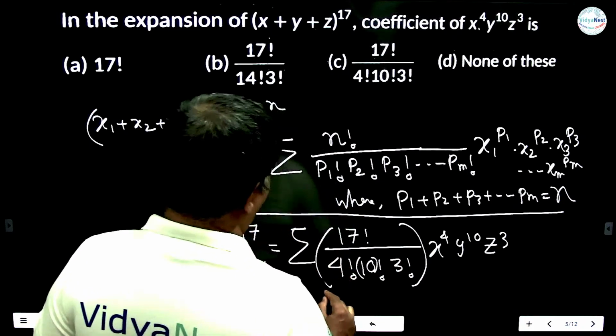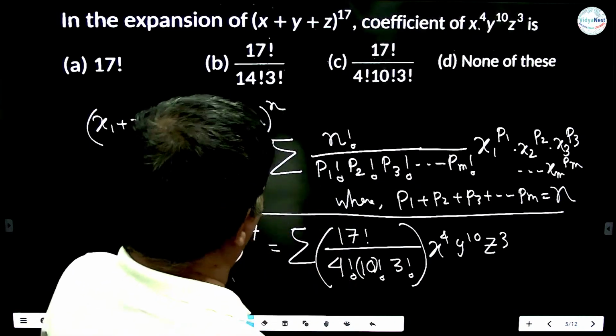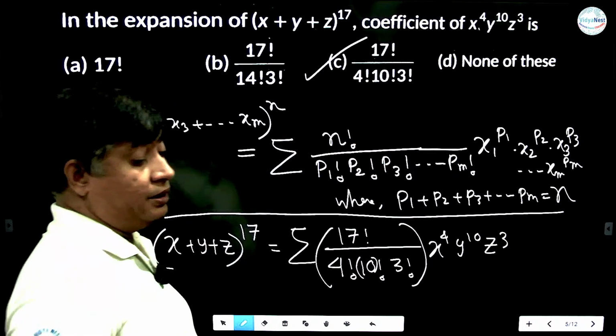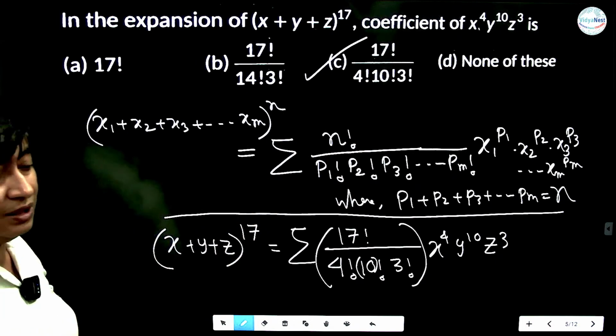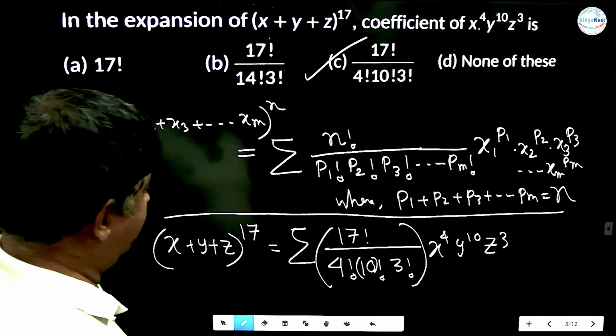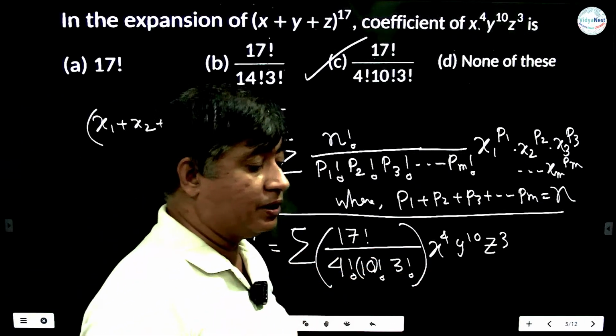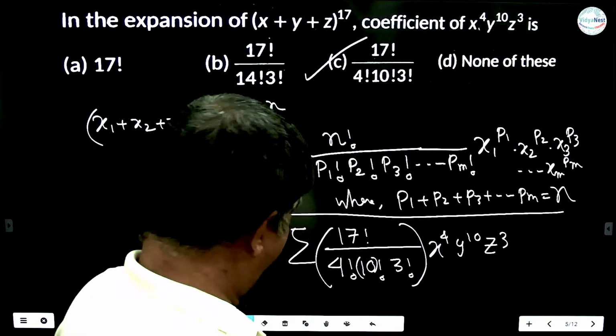So this is the coefficient. Does it match with any option? C. Straight approach of the multinomial theorem. Understand? Option C. That is the coefficient of this. Okay. Yes.